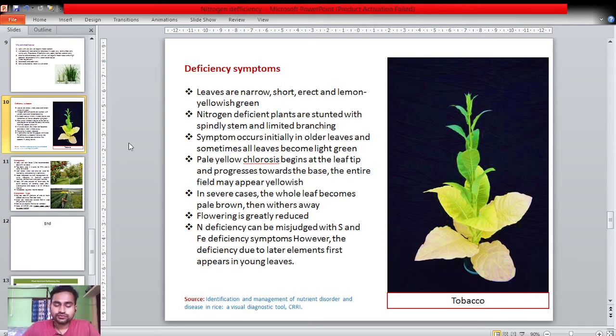So when there is deficiency, because they remain in the lower part, the upper part shows the deficiency in case of sulfur and iron. The top leaf has the symptoms in case of sulfur and iron, and then it may spread toward the whole leaf. So in case of nitrogen it starts from the lower part, in case of iron and sulfur it starts from the upper part. So this is the difference.